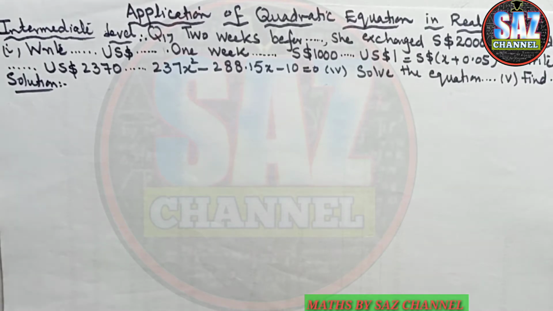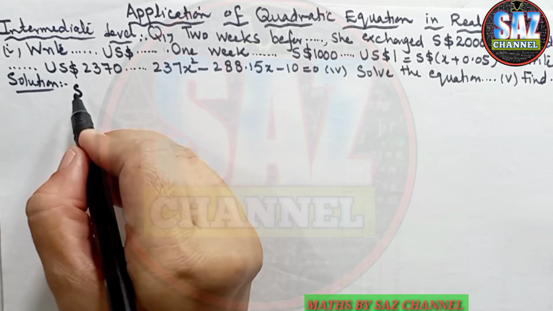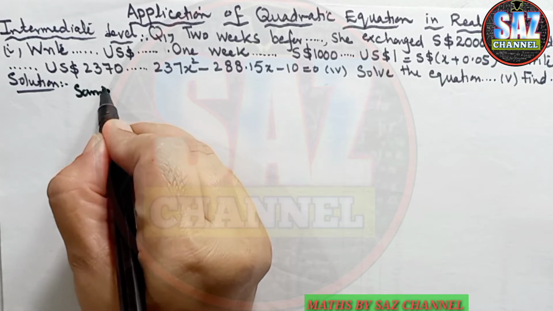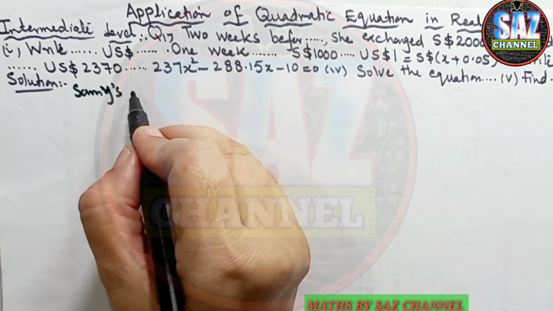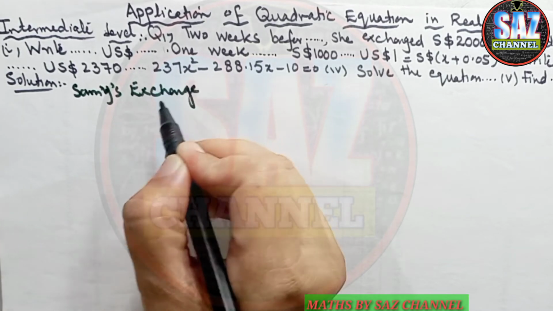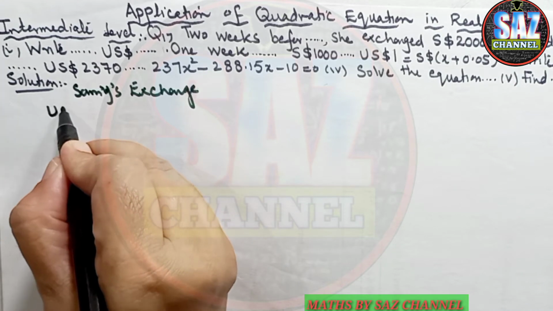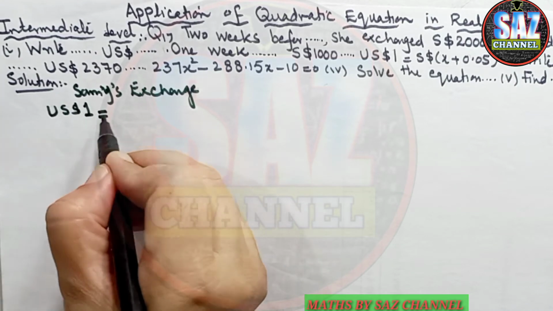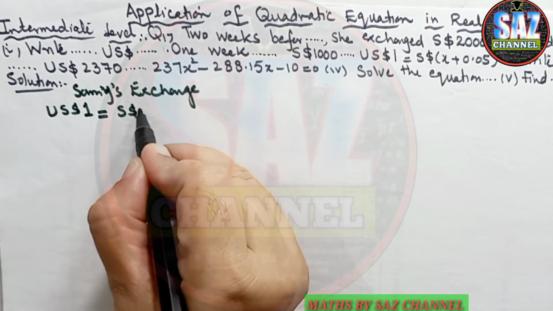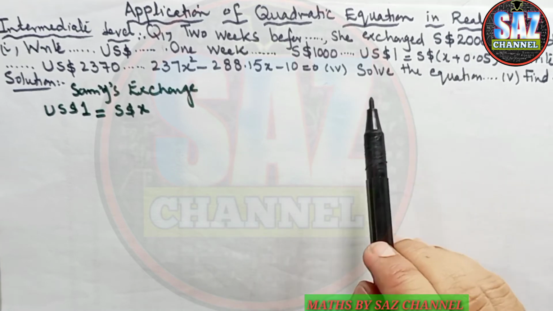Now, as the question says that the first exchange rate is for Sammy's money exchange, the exchange rate is US dollar 1 equal to Singaporean dollar X, and we need to convert Singaporean $2,000 into US dollars.